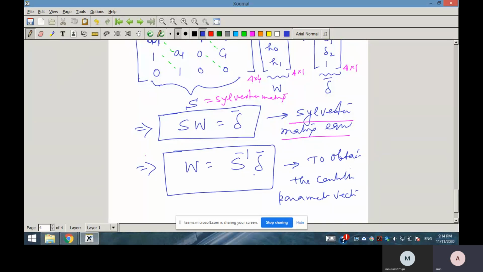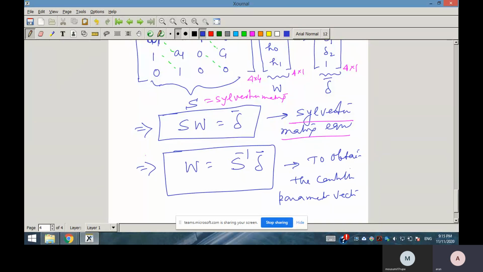So this S and delta bar are given. In fact, delta bar you have chosen on your own. How to choose that I will come to. So that is a difficult task. So if that is ready with you, then you can easily determine the controller parameters using the Sylvester matrix equation.